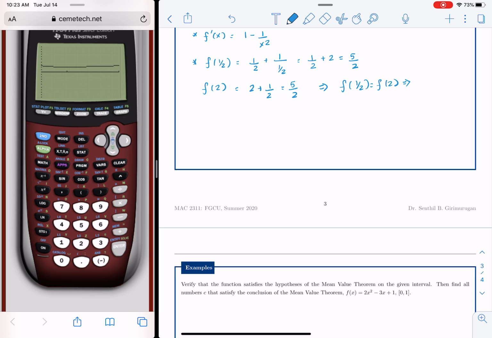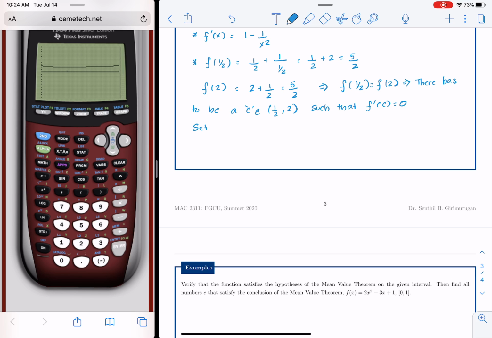This would imply there has to be a c that is in (1/2, 2) such that f prime of c equals 0. How do we find that c?